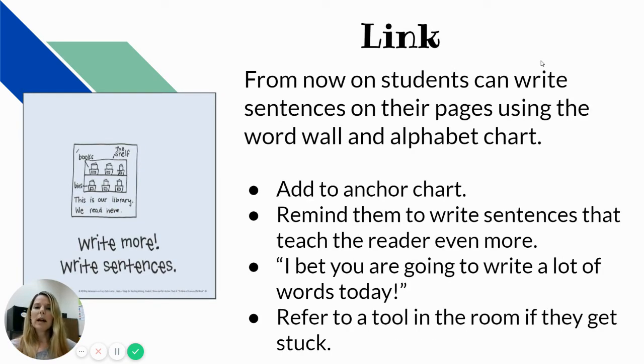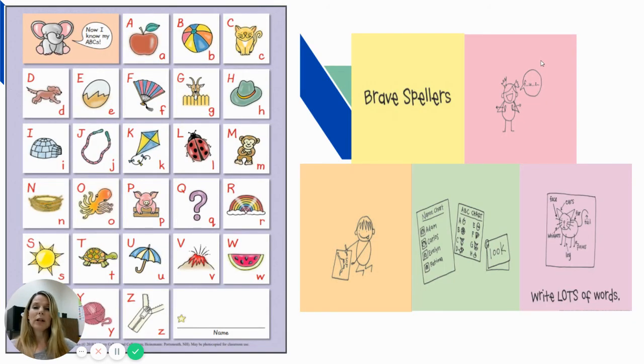So students, from now on, I want you to think about what sentences you can add to your drawing. So we're going to add this picture to our anchor chart. It says write more, write sentences. So I want you to remember to write the sentences that teach your reader even more. I bet you're going to write a lot of words today. So remember, when you're writing those words, look at the tools in your classroom.